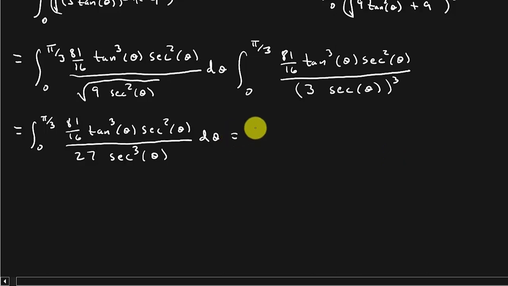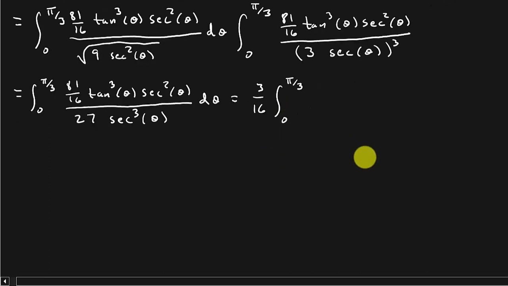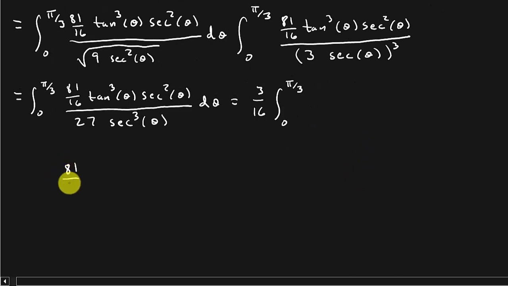And so now we're going to have 3 over 16, 0 to pi over 3. Now, where did that 3 over 16 come from? Well, look at this. 81 over 16 over 27 over 1 is equal to 81 over 16 times the reciprocal. And there's my 3/16, and I just pulled it outside the integral.